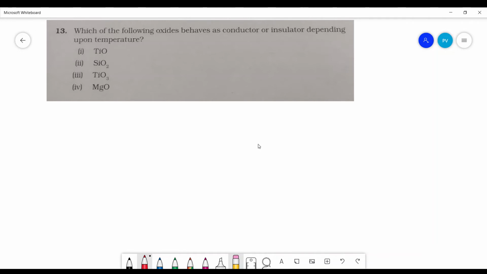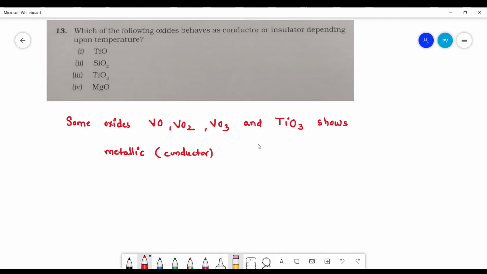If you see, some oxides like vanadium oxides VO, VO2, VO3 and TiO3 show metallic, in the sense I can say conductor, and insulating property. They show metallic and insulating property depending on the temperature.